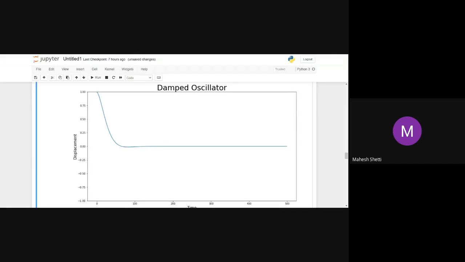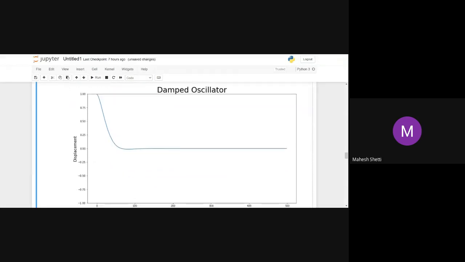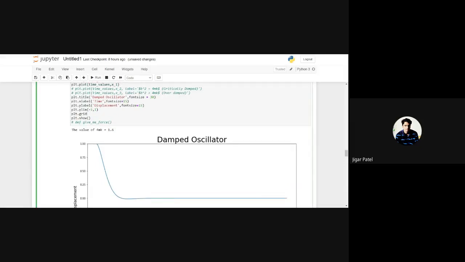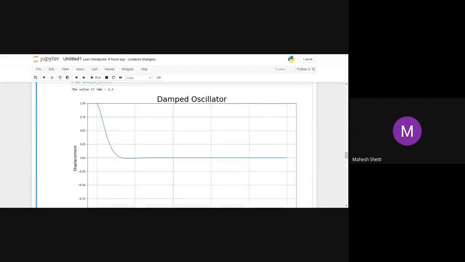Okay, it is still underdamped a little bit because it's going below 0 before coming up again to 0. So we can verify that by plotting a grid. So it is visibly observed.